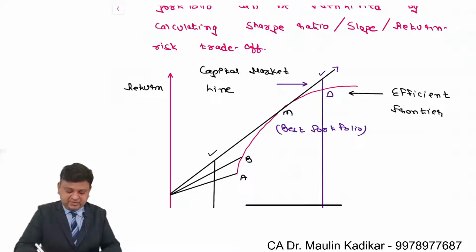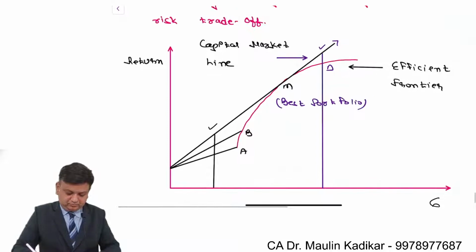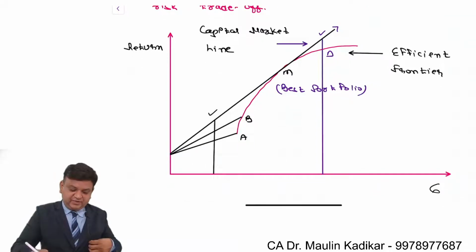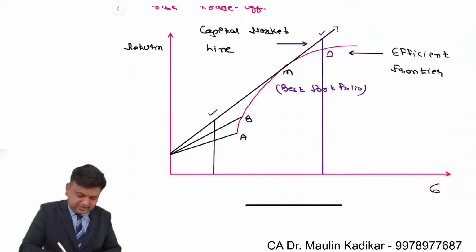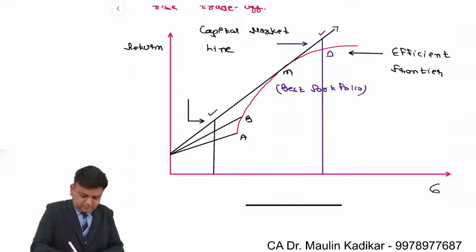This is what we understand. On the left hand side, we have investment made in RF and M portfolio. This line is indicating investment in RF and M portfolio, that is the best portfolio.